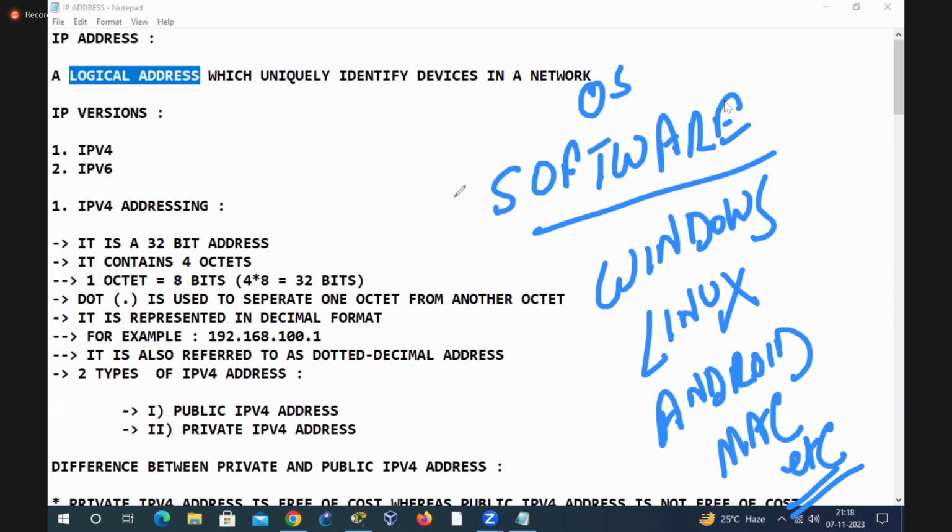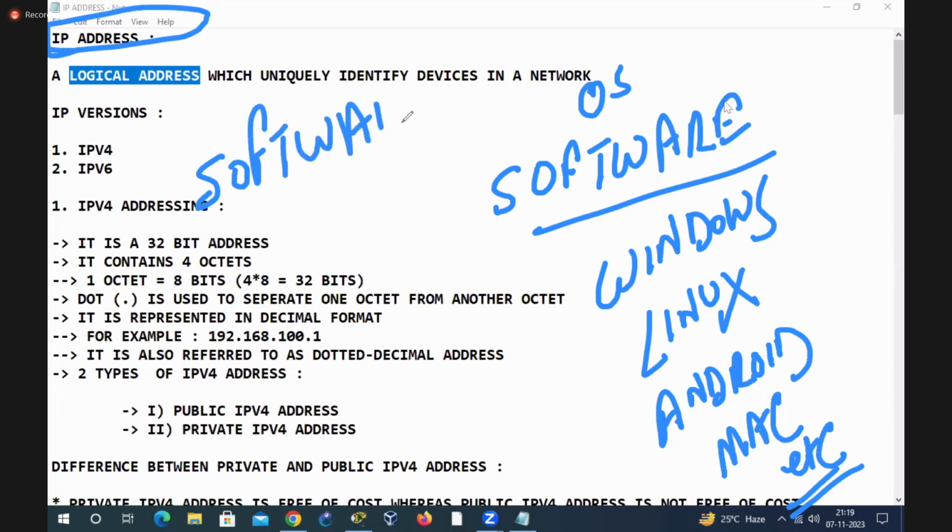But whether you are using your operating system software or third-party applications to configure IP address on your machine, you are using software. That is the main thing. You are using some software to configure IP address. That is why this IP address is also called a software address of your machine.